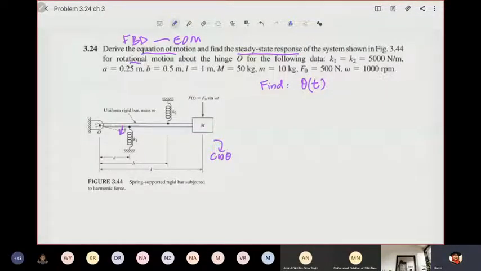Because you want to find the EOM and the steady state response, before the EOM you need to draw the free body diagram. Remember the steps I told you in previous lectures. The first step is you always draw on the spring. Don't draw straight on the mass, which is quite common for students. You always draw physical forces on the springs.